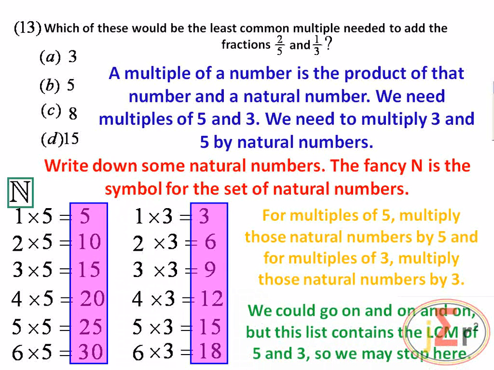We could go on and on and on and more ons, but this list contains the LCM of 5 and 3. So we may stop here. Now, I'm just illustrating what least common multiple means. The lists that we have here are enough to give us the least common multiple or the lowest common multiple of 3 and 5. So we will not go any further.